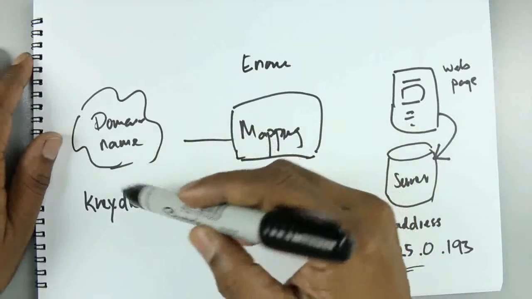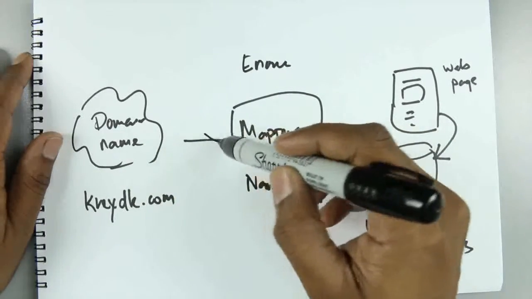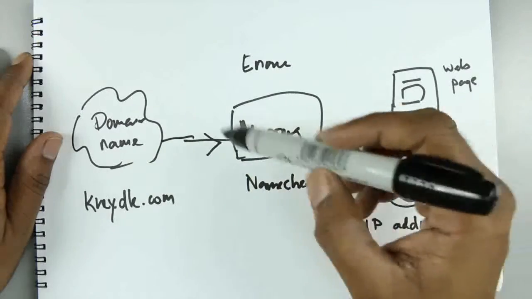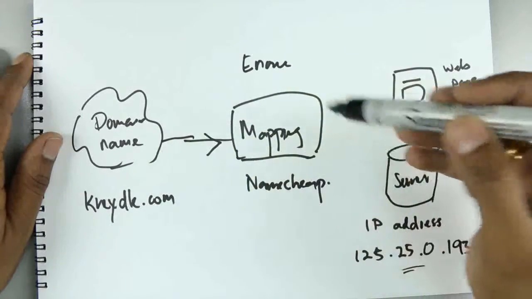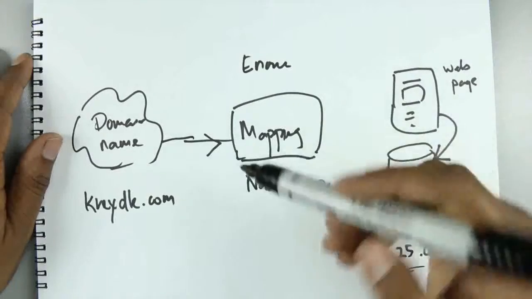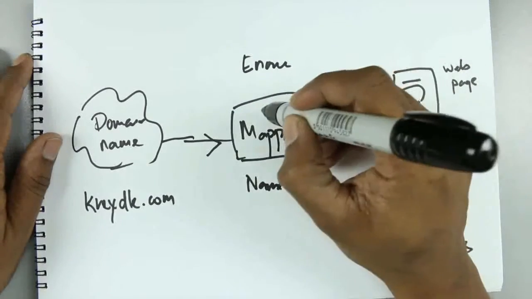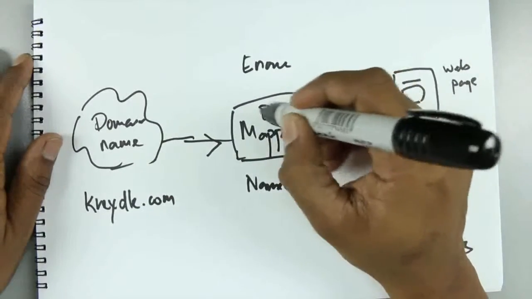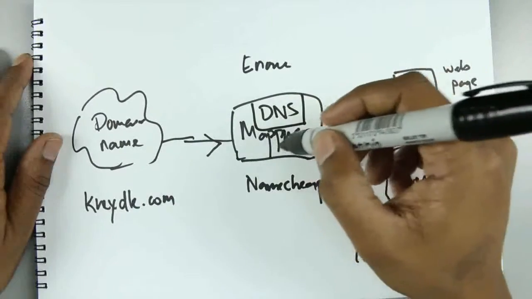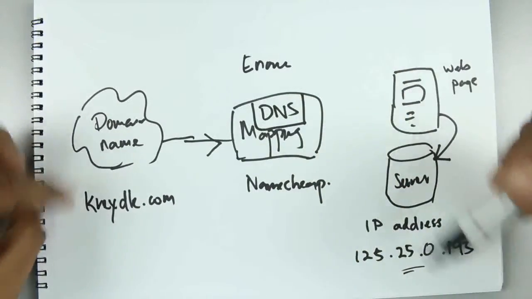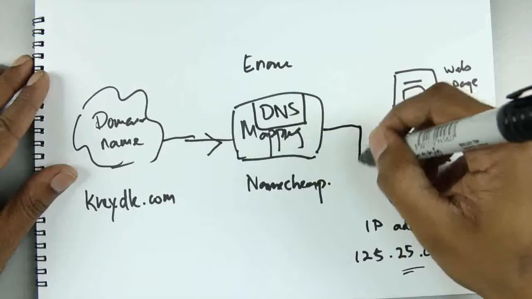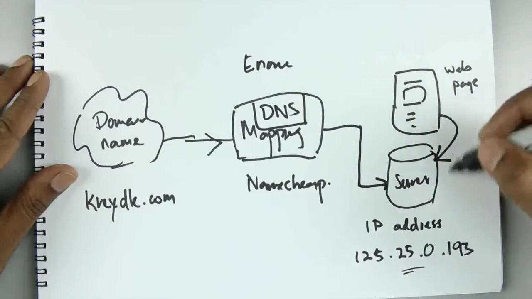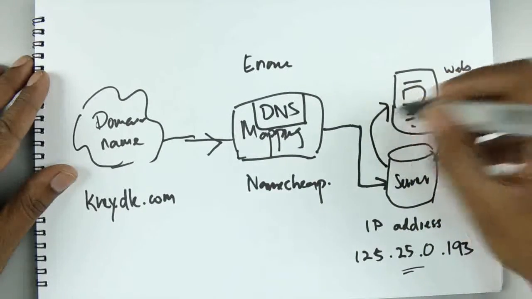So when someone types in cradle.com, they will actually be going to the mapping information here called a DNS server, and it basically translates the words into the numbers and redirects your visitor to the server, and then they can view the web page.